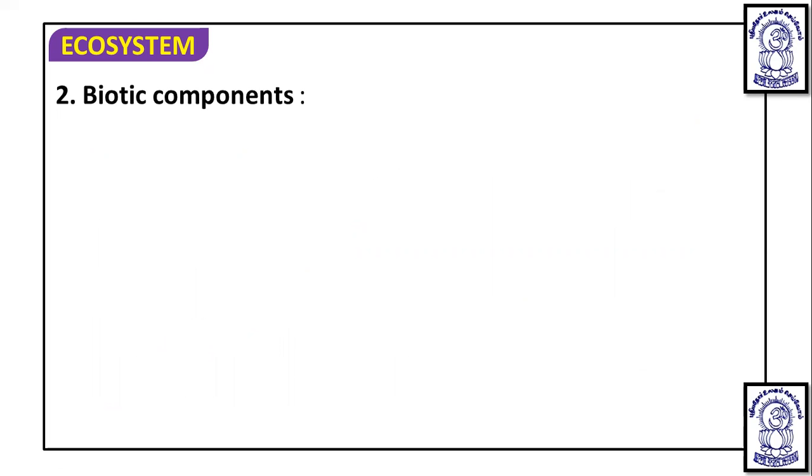Okay. Now another one is the biotic component. The biotic component is also a part of the ecosystem, and this biotic component is present in the form of community.